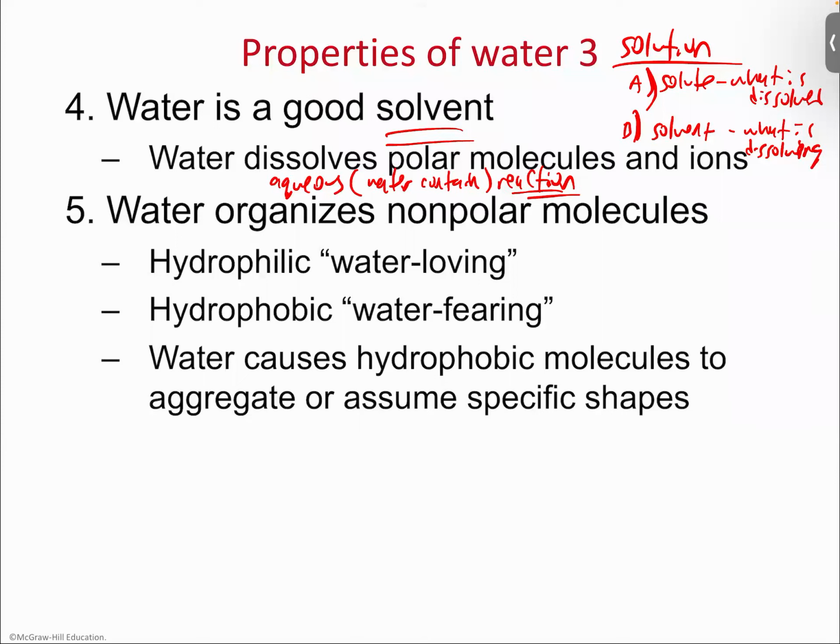Hopefully you'll actually remember the nature of what's going on here. But first we have to define the relationship between these polar molecules led by their master water and the non-polars led by really not much of anybody. Okay. That relationship is going to be critical to understanding a lot of biology moving forward.